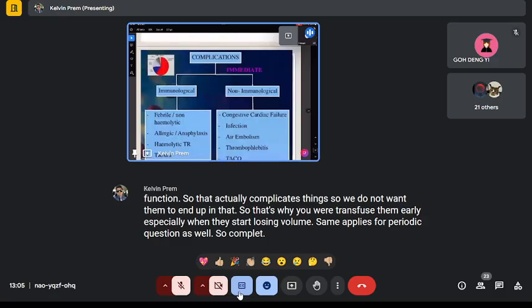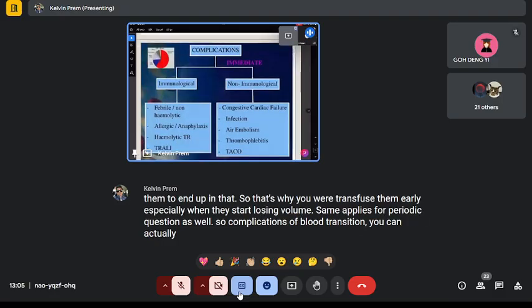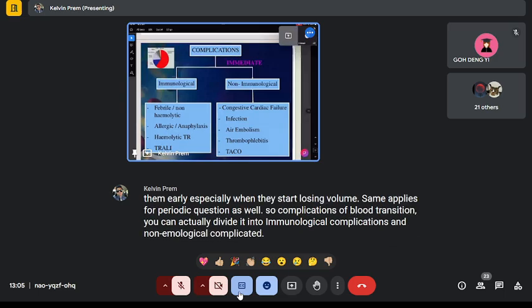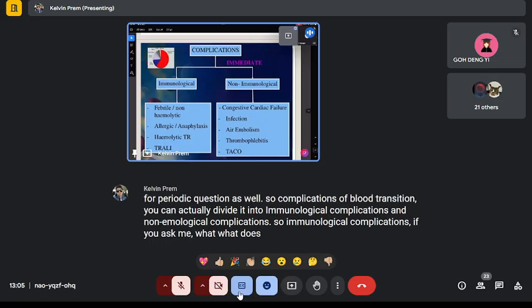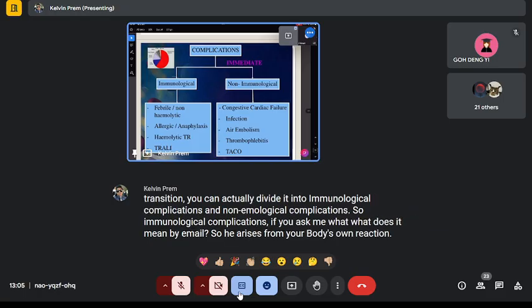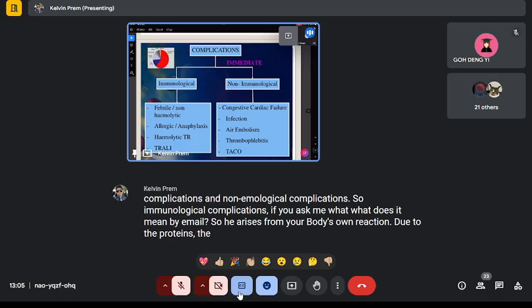So complications of blood transfusion, you can divide into immunological complications and non-immunological complications. If you ask what is meant by immunological, it arises from your body's own reaction to the foreign proteins present.